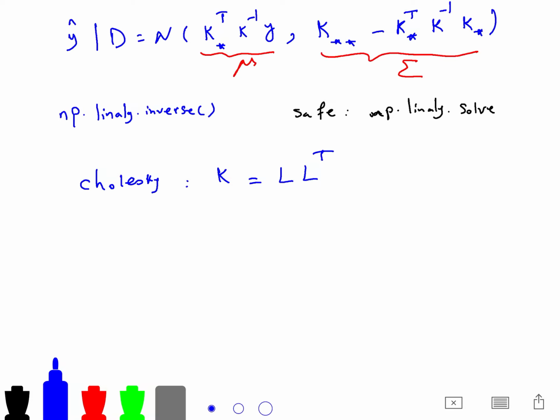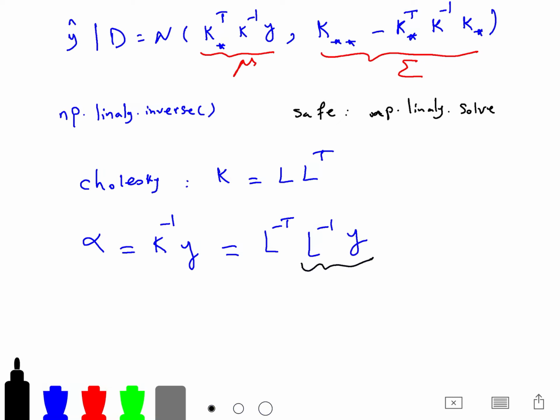So how can we take advantage of that? We make some variables. First of all, alpha is K inverse times y. Now K is L L transpose, so this becomes L inverse transpose, L inverse, y.